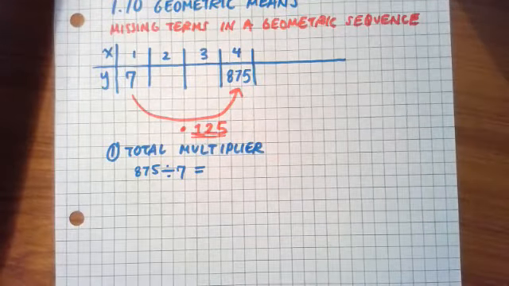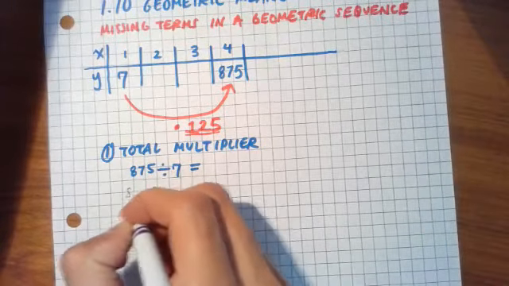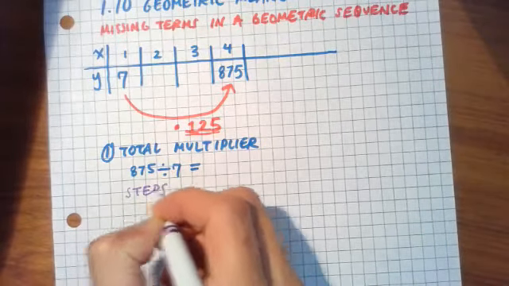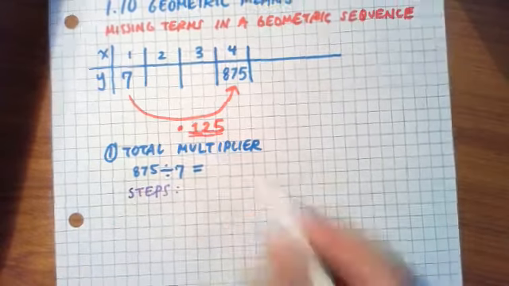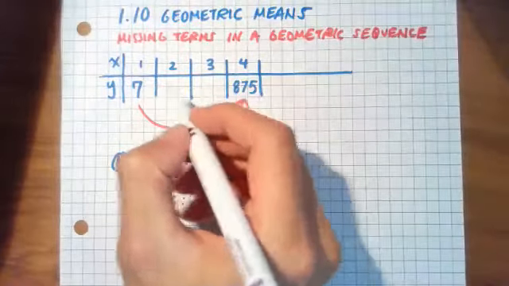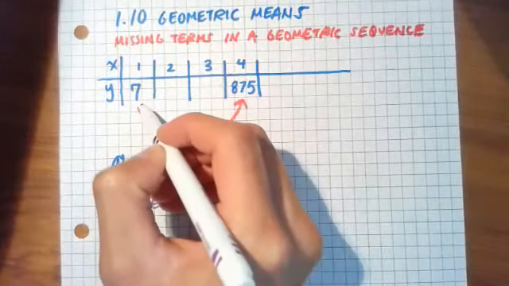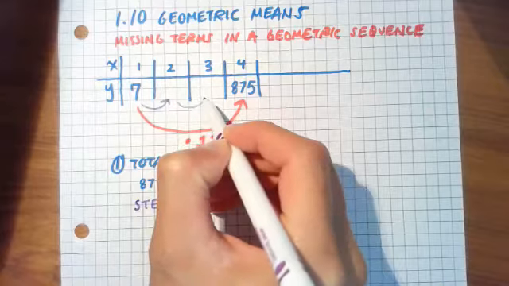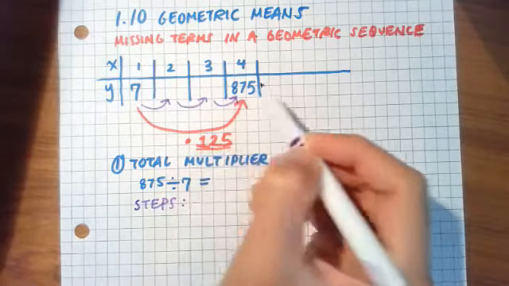The next thing that I need to figure out is how many steps there are, just like we did with arithmetic means. So to get from 7 to 875, once, twice, 3 times.